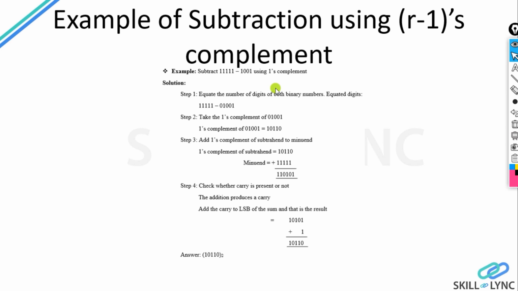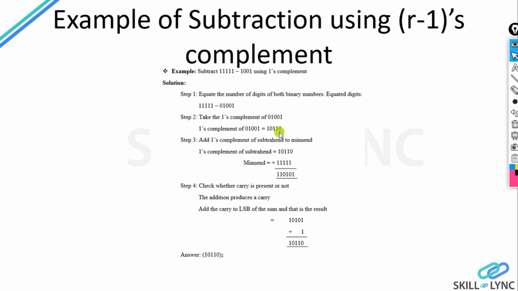First of all, you have to see whether it is r's complement or r minus 1's complement. If it is r's complement, then if carry is there, discard the carry. If carry is not there, take again the r's complement of the result and put a negative sign. In case of r minus 1's complement, if carry is there, add it to the LSB, and if carry is not there, take again the r minus 1's complement of the resultant number and put a negative sign.